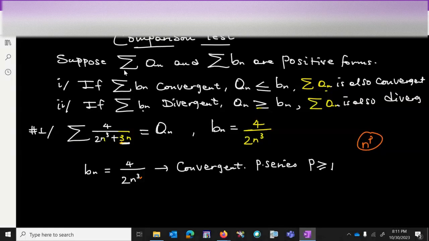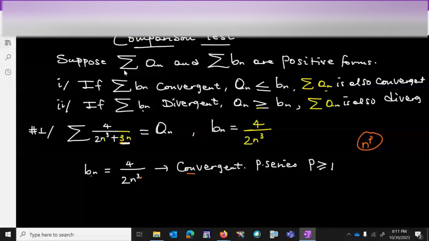This is one of the lessons we have discussed in calculus. For a p series, p greater than or equal to 1 always converges, and for less than 1, it diverges. So the b sub n here has p equal to 3, which is greater than 1. That's why this is convergent.